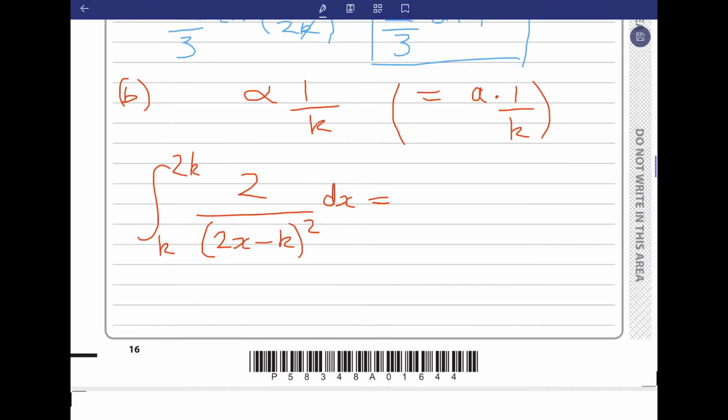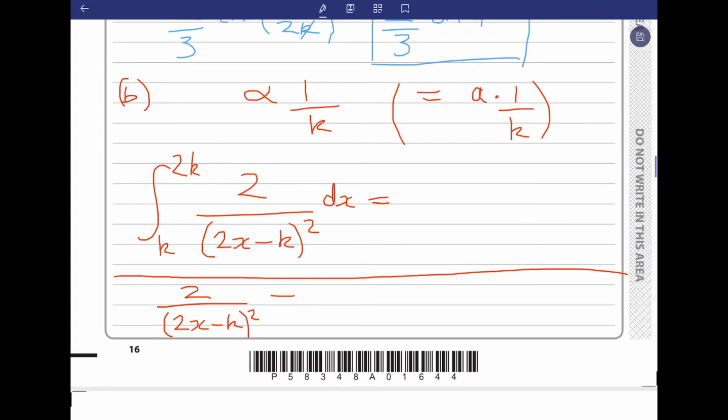Now, one thing to do first, if you're not that comfortable with these types of integrals, is to rewrite the expression, 2 over (2x minus k) squared, as 2 times (2x minus k) to the minus 2. So we just bring the denominator up to the top, and this can help make it a little bit easier to see what to do.